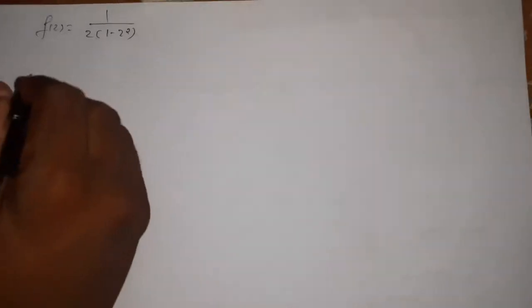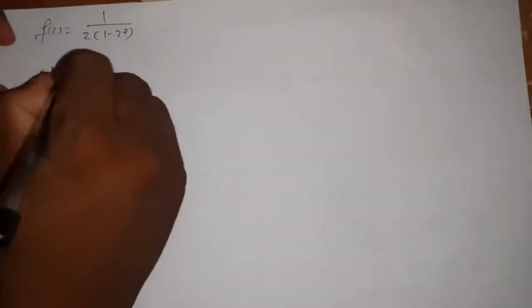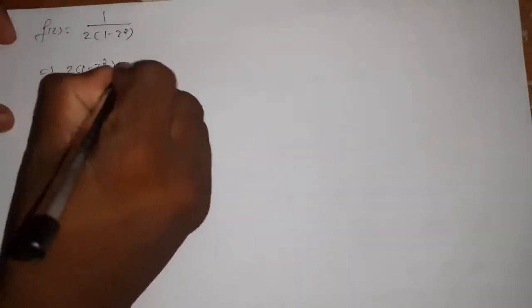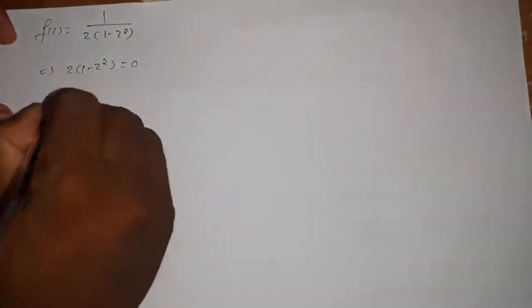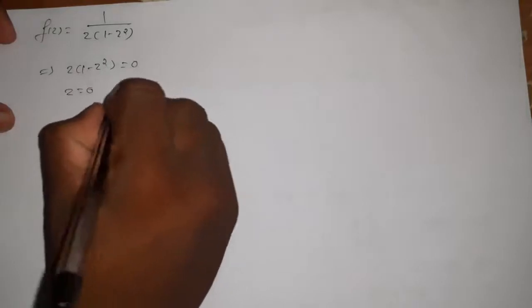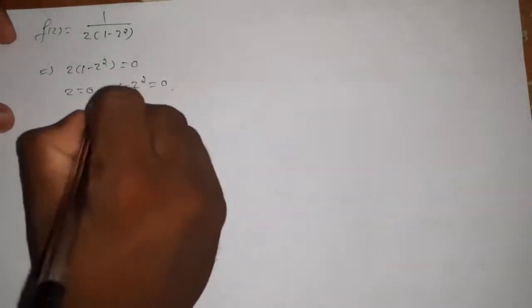The next example is f of z equal to 1 divided by z into 1 minus z square. So here again we equate the denominator to 0 to find the poles of the function. So that is z into 1 minus z square equal to 0. So now it gives z equal to 0 and 1 minus z square equal to 0.